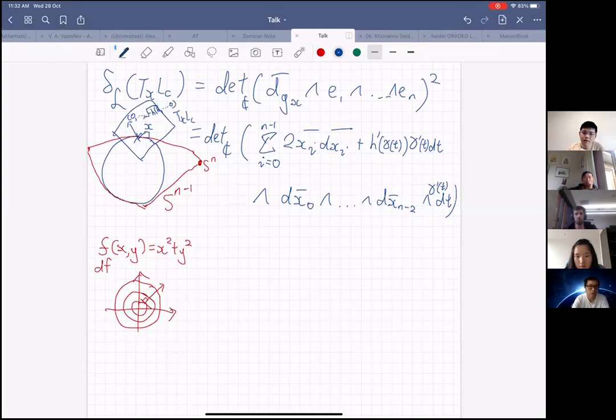Right. So in the last line, you're writing dx naught bar wedge. There should be a coefficient since your point. Wait, let me think. Okay, so are you saying that this dxi bar is equal to h?